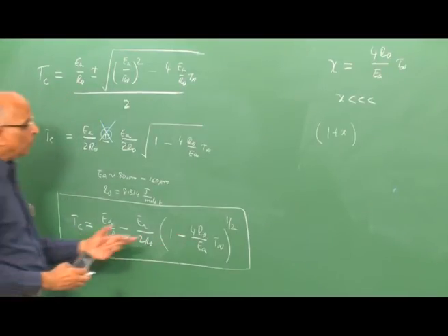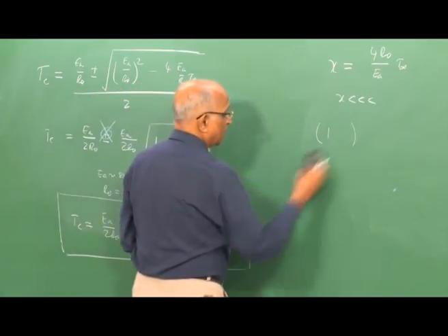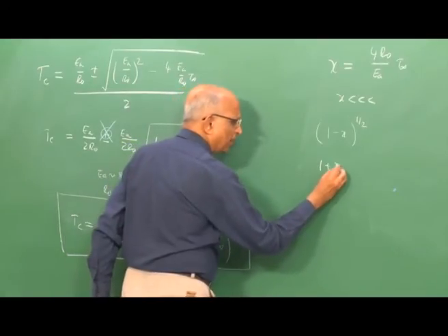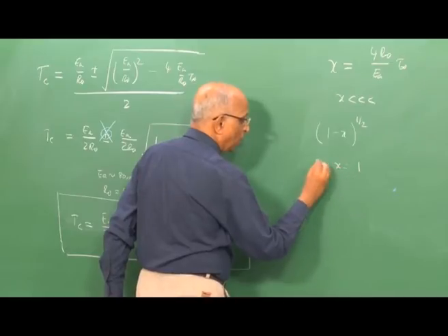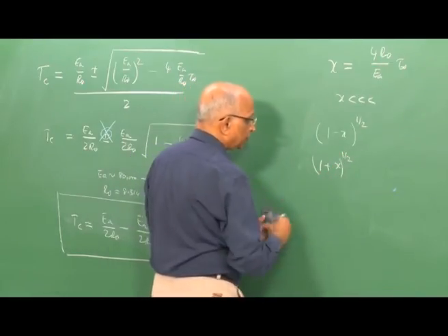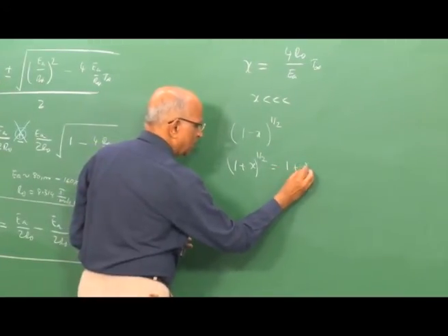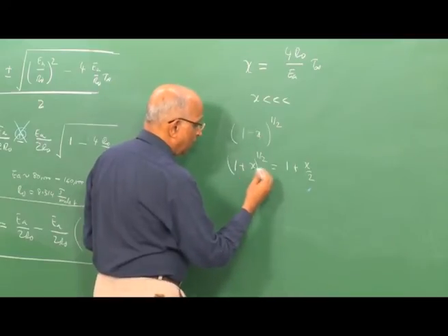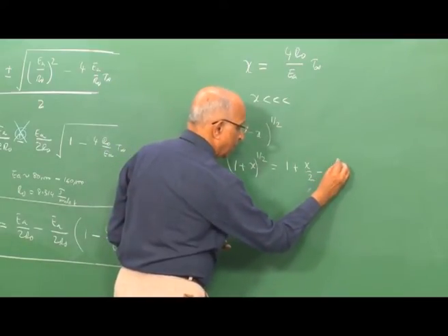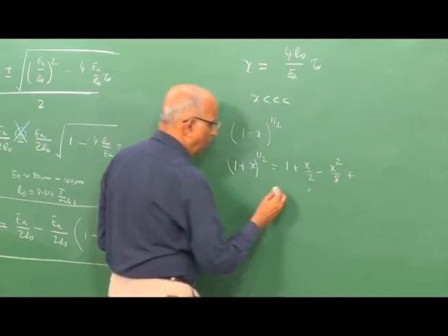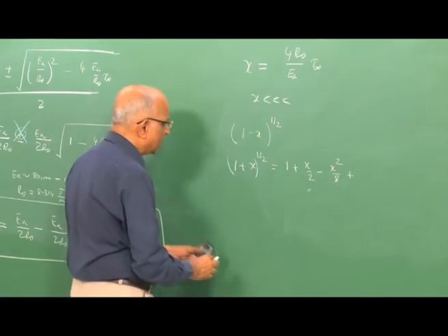Therefore I am looking at the value of 1 minus x to the power half, and we know that if x is small, I can write this as 1 plus x by 2, and now with 1 minus half, I get minus x squared by 8, plus the value of 1. Let me get this expression straight.